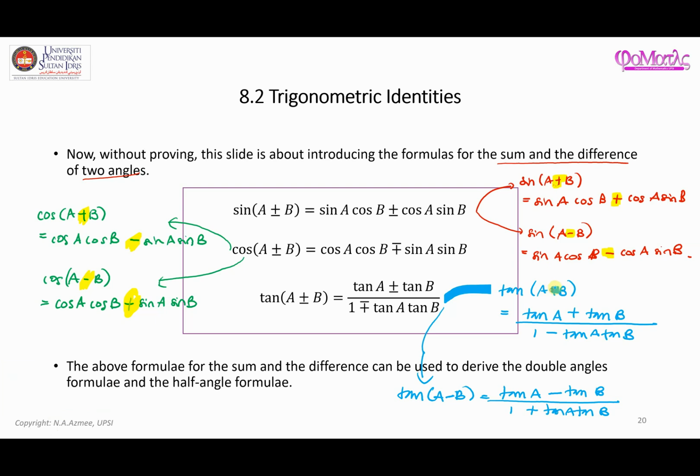If this is a plus sign, you follow this plus sign on the top, but at the bottom you change it to subtraction. Here you have negative, so you follow that on the top part, but you switch it at the bottom.